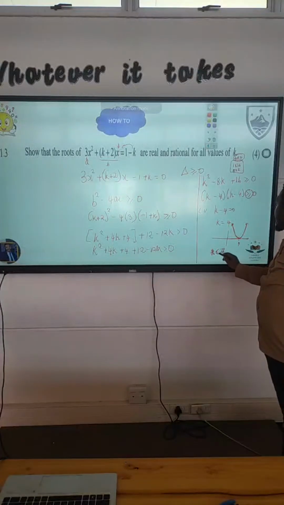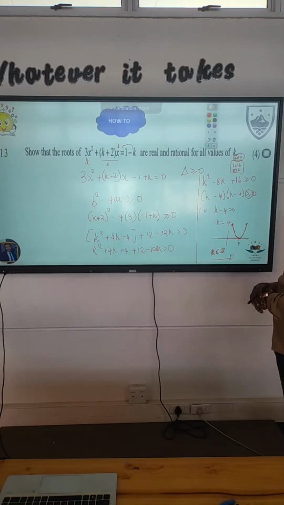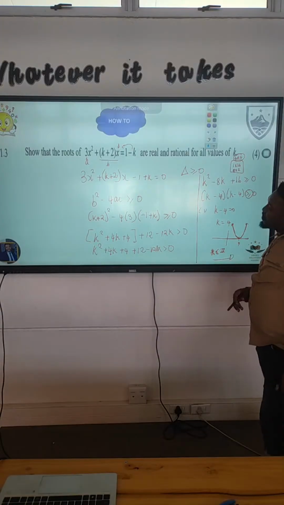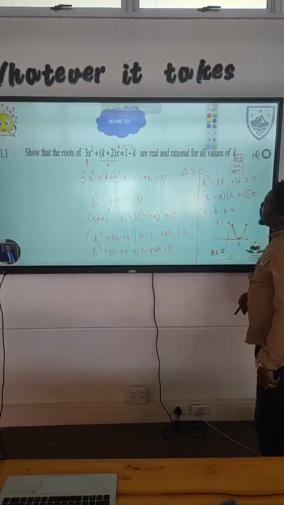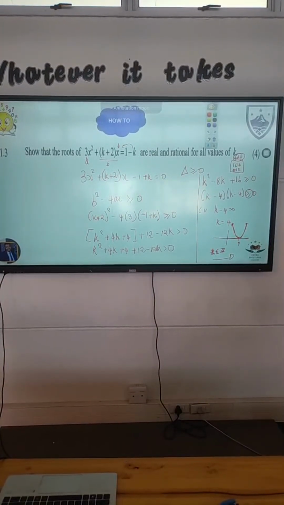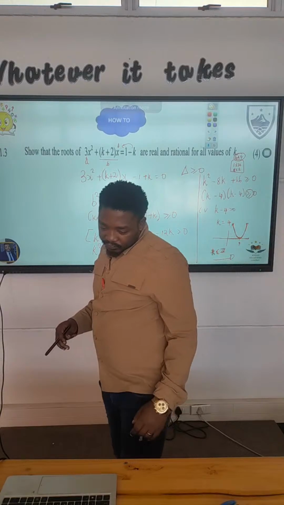So k is an element of all integers. I hope it makes sense. So from negative infinity to positive infinity, the value of k will give us the roots that are real and rational for all the values of k. Good.